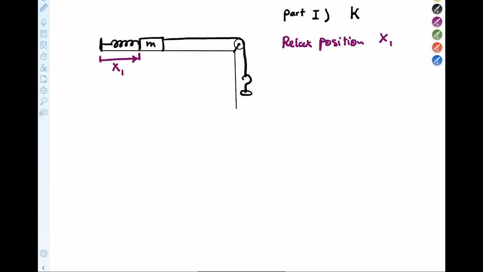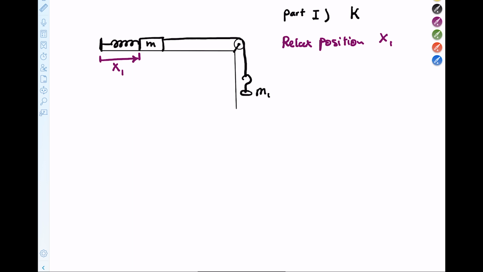Let's say the mass of the mass holder is M1. The mass of the glider or box attached to the spring is M, and the mass hanging here is M1, the mass of the mass holder connected to the string.